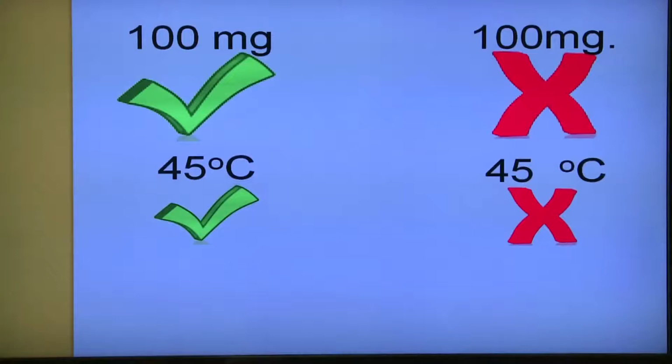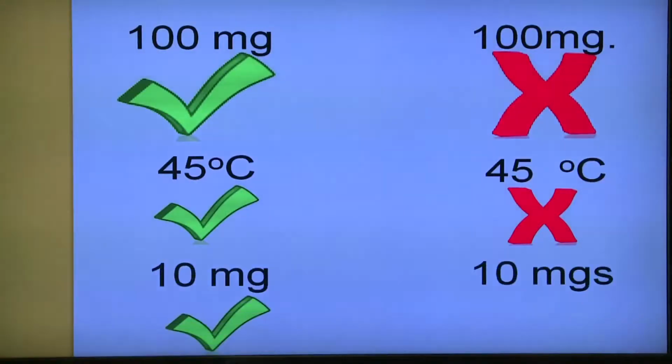The symbols of the units are not changed while writing them in plural. Example, 10 mg is correct, but not 10 mgs. The symbols of the units are not followed by a full stop except at the end of a sentence. Writing 10 mg. in the middle of a sentence is incorrect.